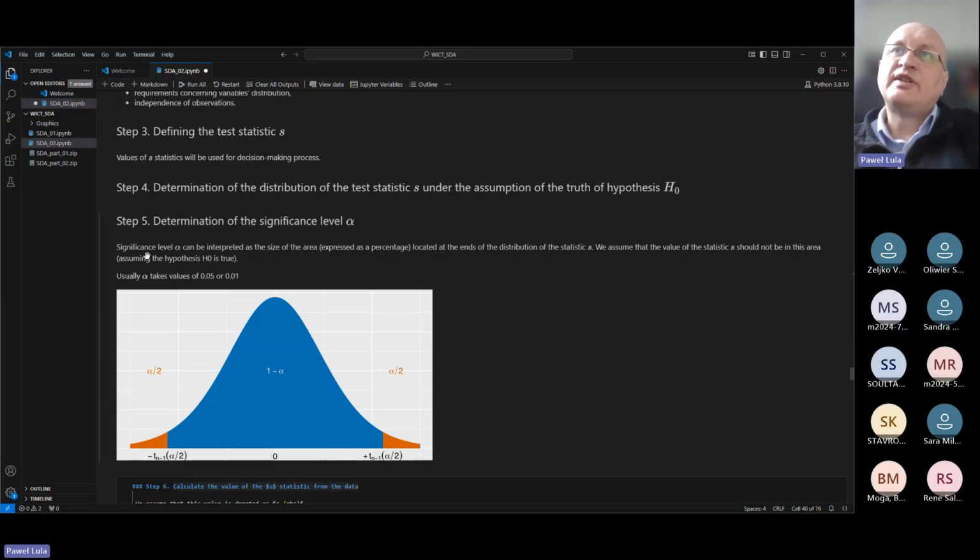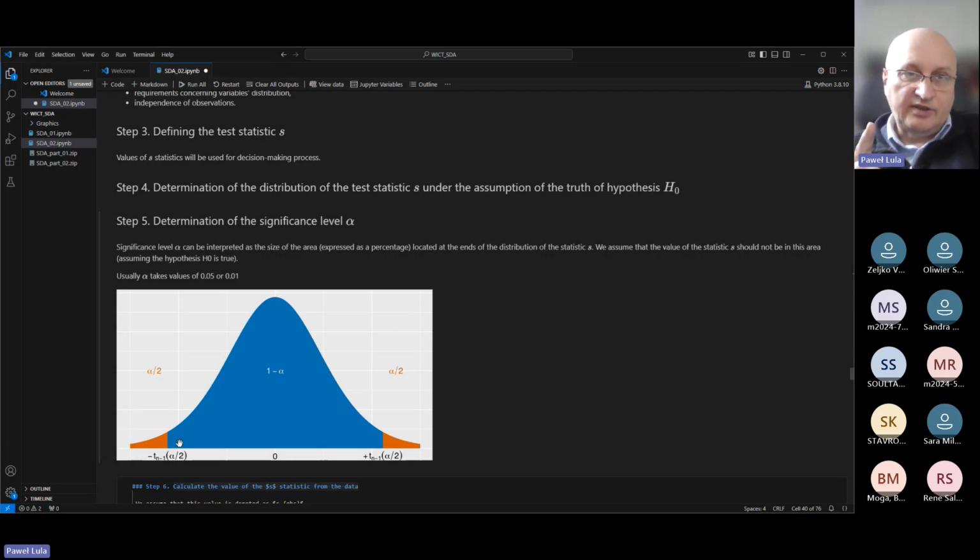And this significance level can be interpreted as an area which we have here at the ends of this probability distribution function. Here, these areas are marked using this orange color. It is a significance level.